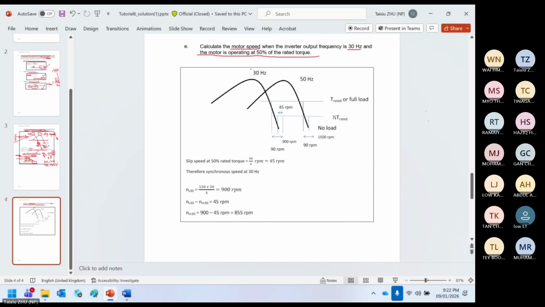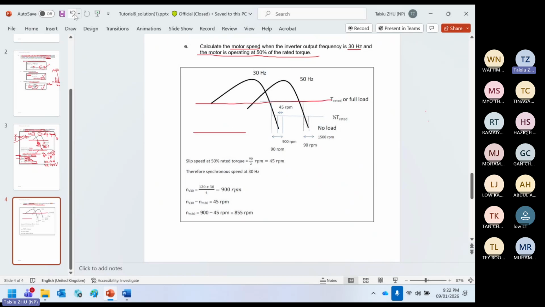Okay, so the question is, the difficult part is here. At the beginning, the torque is here, right? That's the rated one. The zero should be somewhere.